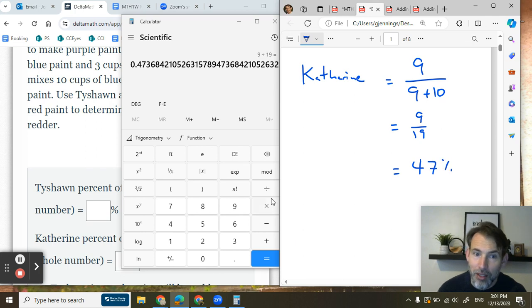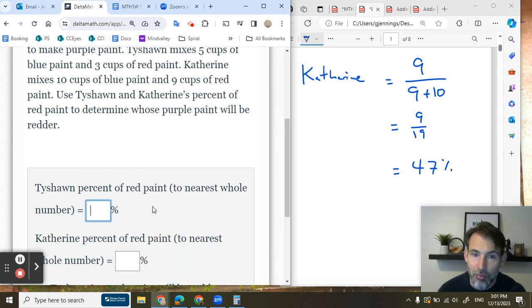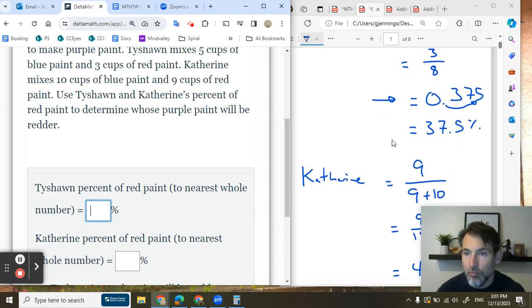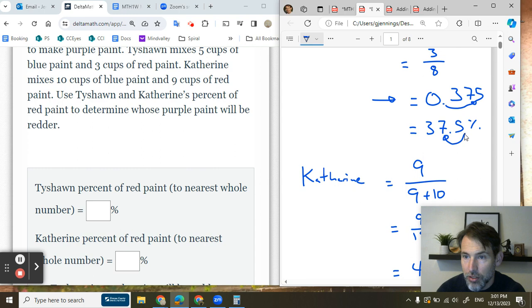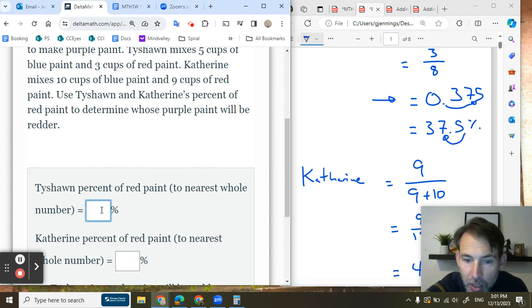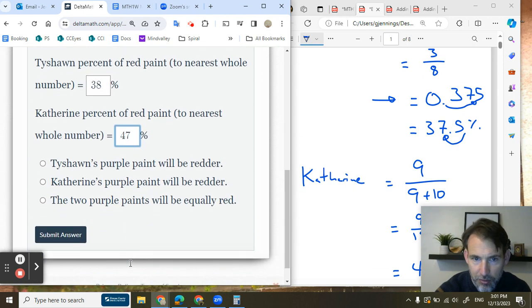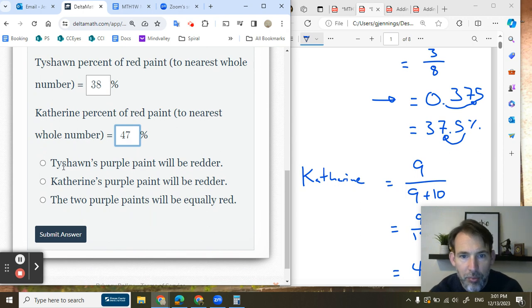Pretty cool. And to the nearest whole number, his percentage was 38, because to the nearest whole means round to there, and the 5 makes the 7 round up. So his paint was 38% red, and her paint was 47% red. Tashawn's purple paint will not be redder. It's Catherine's.